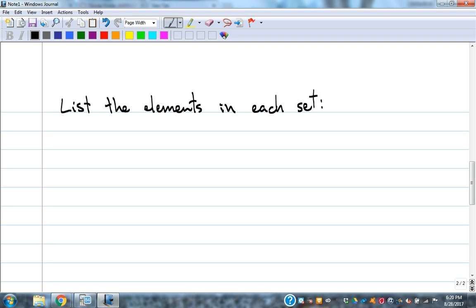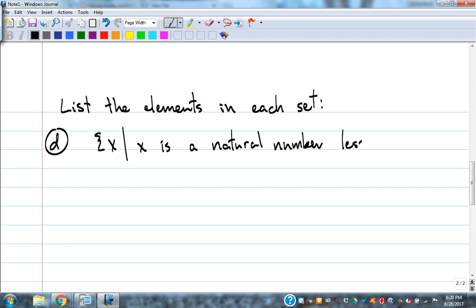We could list some of them and establish a pattern, but we could not list them all. So let's look. We're on example D here. Here's our set X such that X is a natural number less than 7. They've described the set in curly braces with words, and that's okay to do.